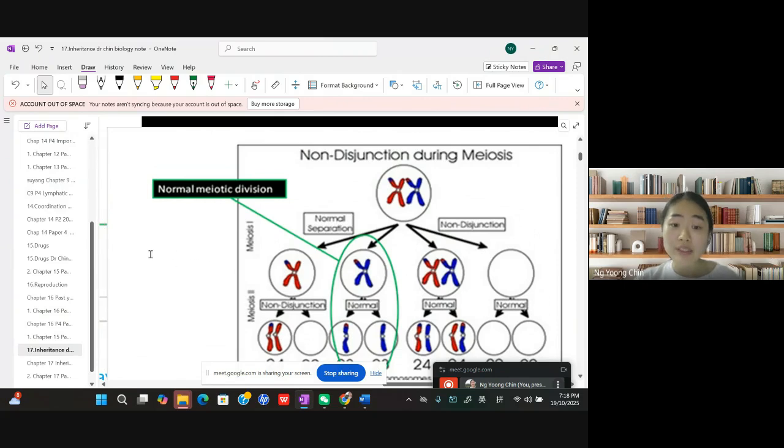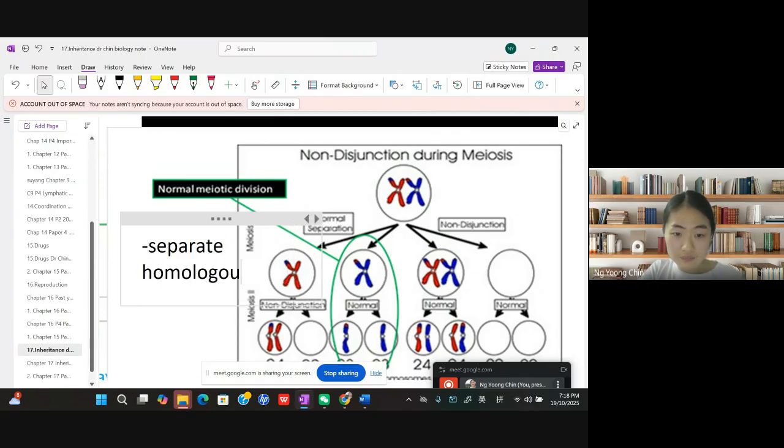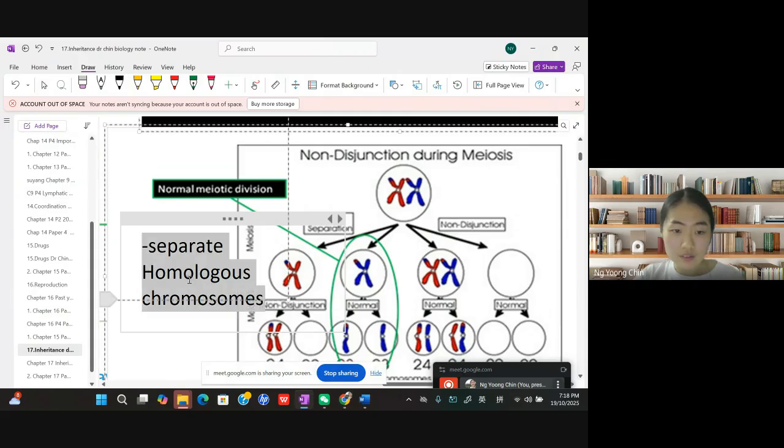You are actually separating the homologous chromosomes. You will learn about this.